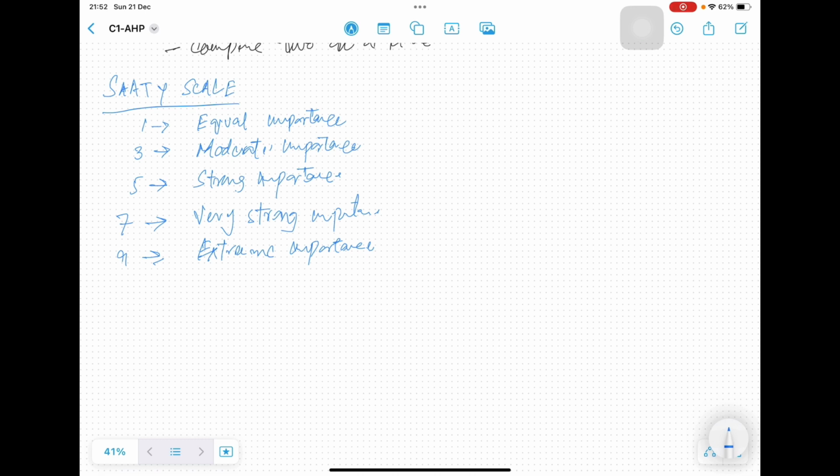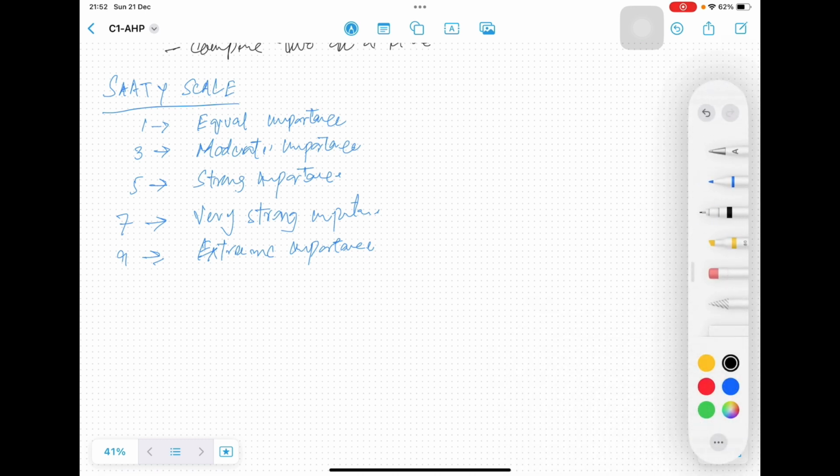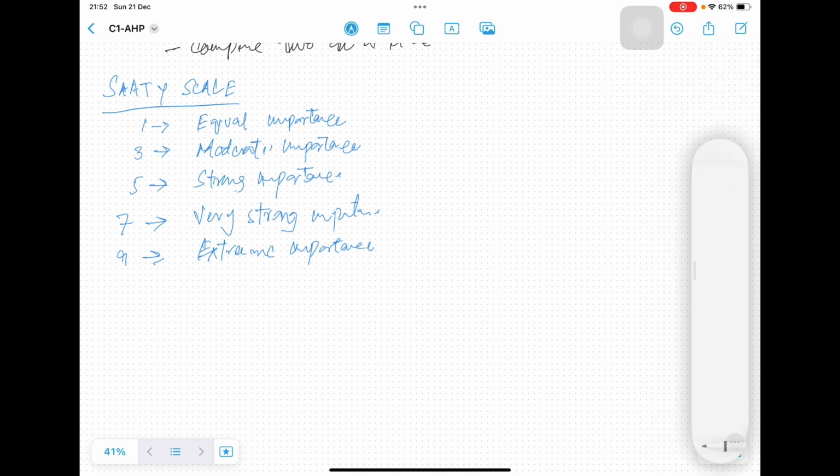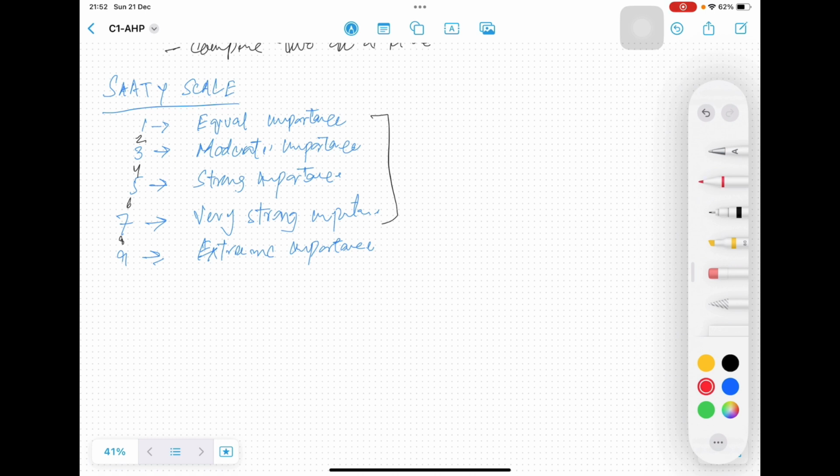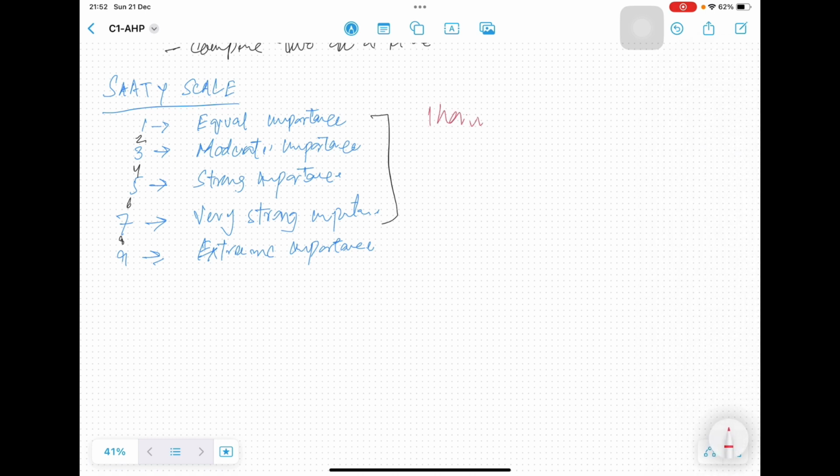You can include these intermediate values as part of our matrix, but these are intermediate: 2, 4, 6, 8. So this scale was proposed by Thomas Saaty, the creator of AHP.